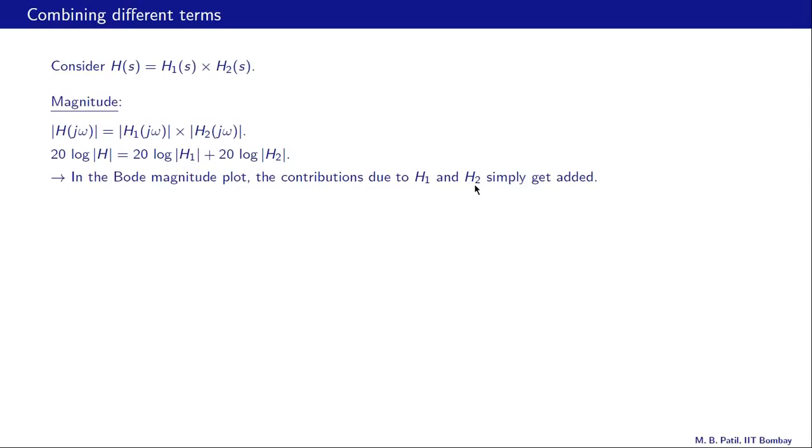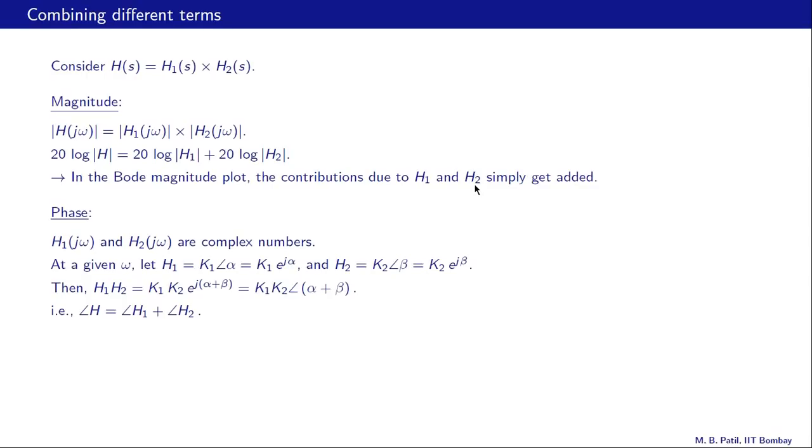So that's very simple. Let's look at the phase now. h1 of j omega and h2 of j omega are complex numbers, as we have seen before. Now at a given omega, let h1 be k1 angle alpha, which is the same as k1 e raised to j alpha, and let h2 be k2 angle beta, that is k2 e raised to j beta.